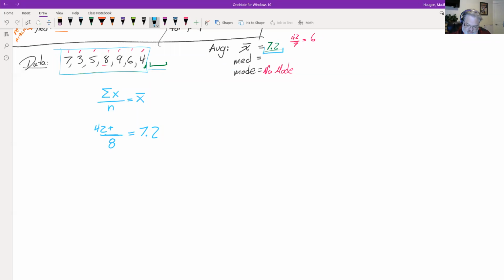I'm just going to call it our last x value. Can we solve that for the x? It's a little bit of algebra here. You'd have to multiply both sides by that 8. See what that sum had to be to make it work.